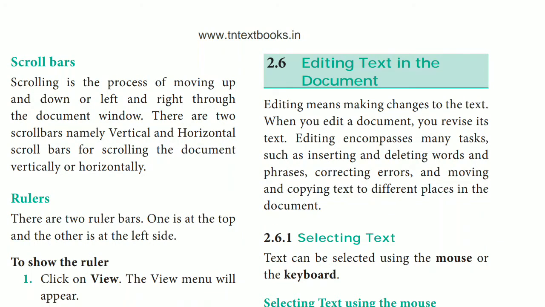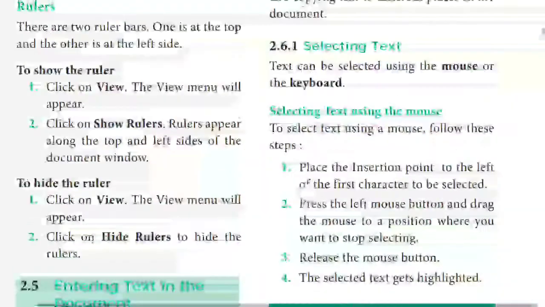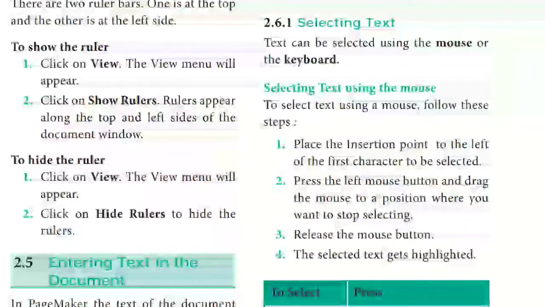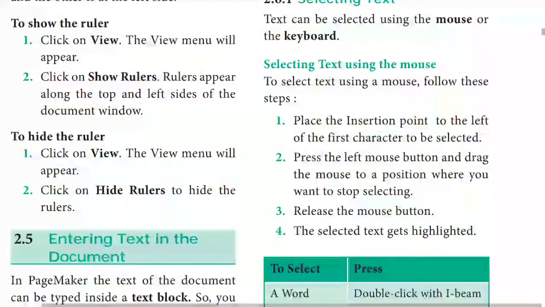You can just click and drag. Selecting the text with the mouse: place the insertion point to the left of the first character to be selected, press the left mouse button and drag the mouse to the position where you want to stop the selection, and release the mouse button.